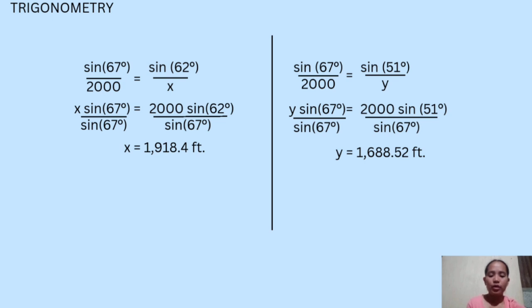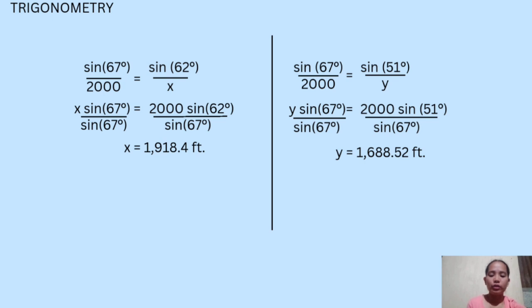Maybe you are confused why it is sine 67: because we divide by the angle C on both sides. And we have 2000 sine 62 degrees over sine 67 degrees. Let's calculate this one. The total of x is 1918.4 feet.